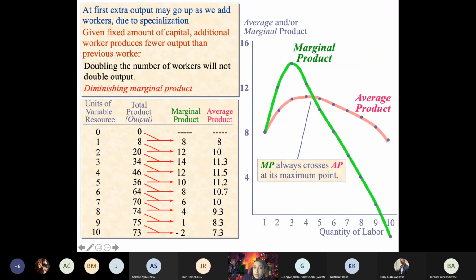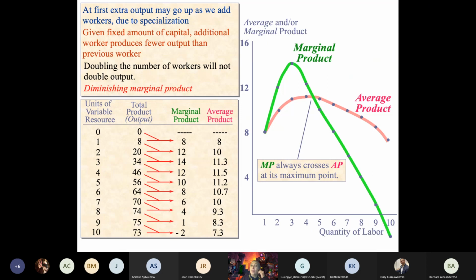With the second worker hired, 12 haircuts were added, not by that specific worker, but by them together. And then the third worker was hired. A whopping 14 haircuts were added. And then the fourth worker started to diminish. The product started to diminish because we're adding more and more workers to the fixed number of chairs, 2 chairs.